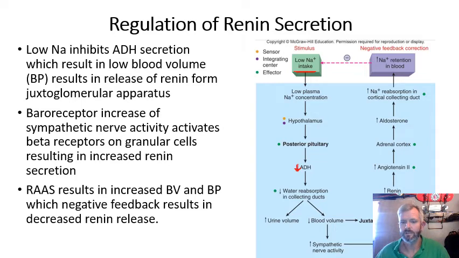We don't want to reabsorb a bunch of water to even further dilute that osmolarity. But when we reduce the ADH, we reduce the water reabsorption, and what happens to our blood volume? Our blood volume goes down, and now we've got the cue, low blood volume, low blood pressure. That's the cue for the release of renin.